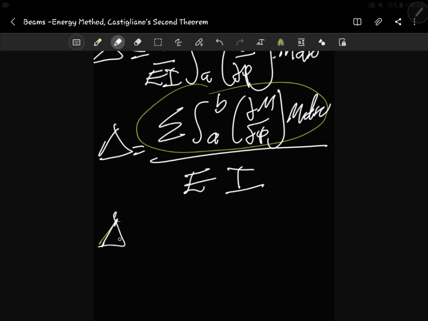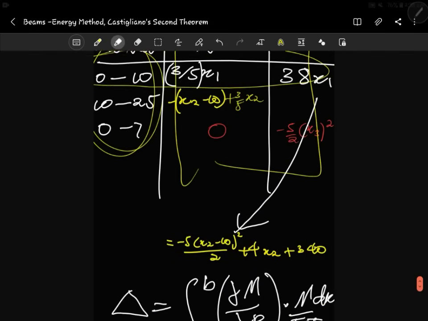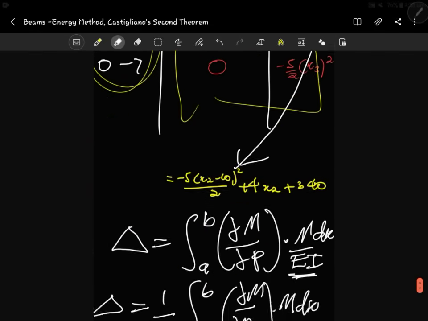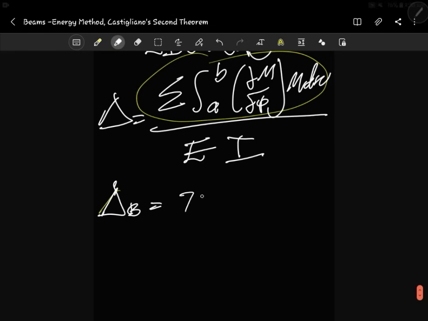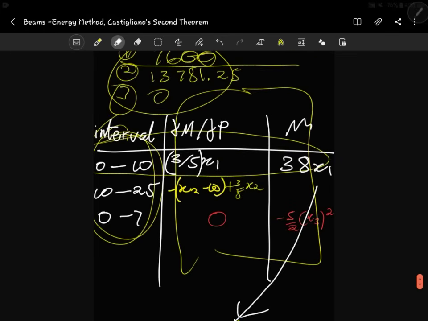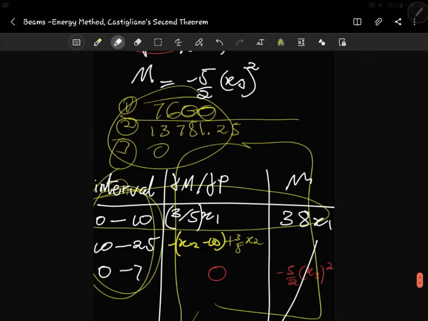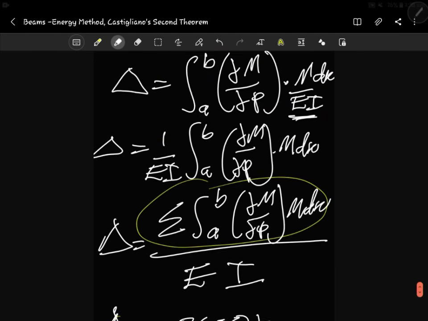Our deflection at B, we've had the sum of that already, so that's 7600 plus 13,781.25.